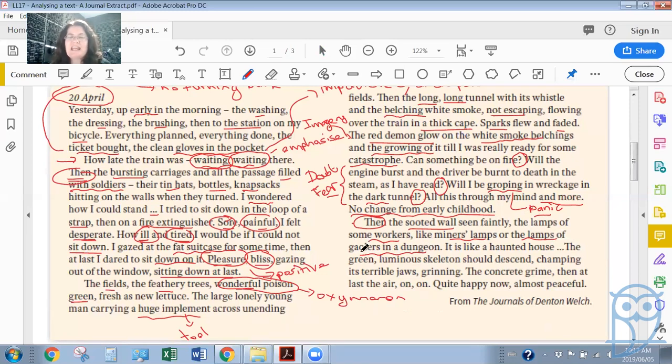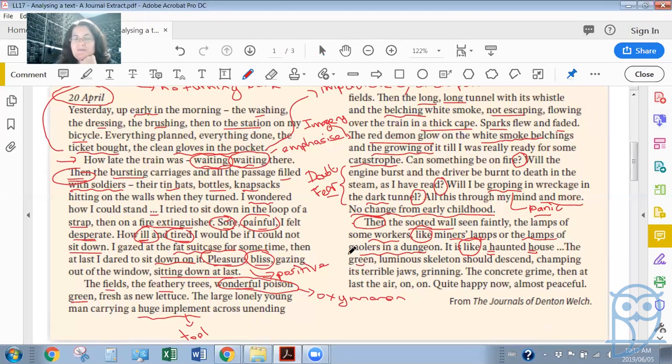So lamps of jailers in a dungeon. Notice the use of similes, right? Like miners' lamps or the lamps of jailers in a dungeon. It is like a haunted house. Look at that alliteration. Haunted house. Drawing us into this idea of something being a bit ghostly, a bit otherworldly.